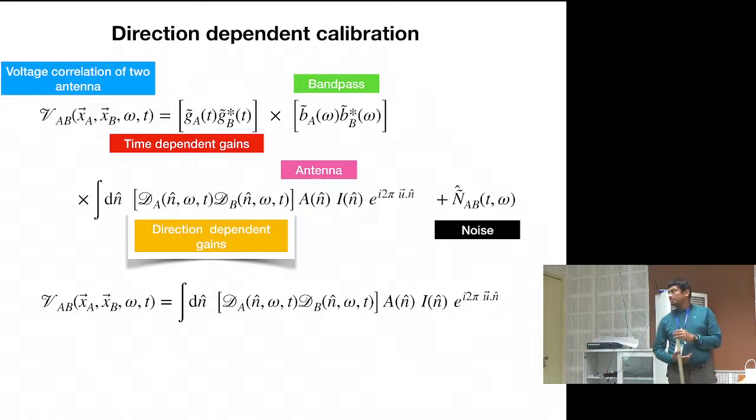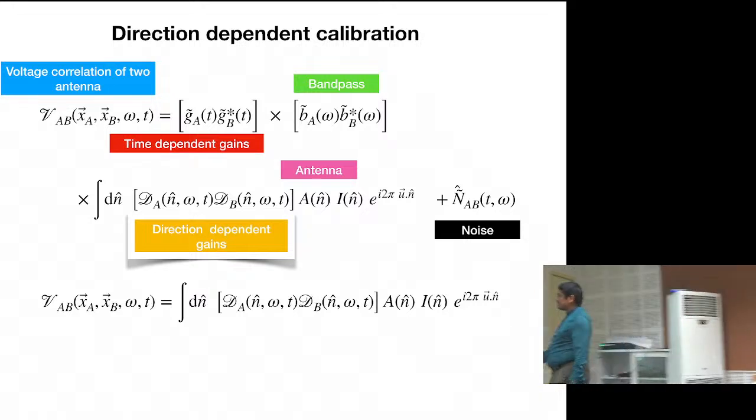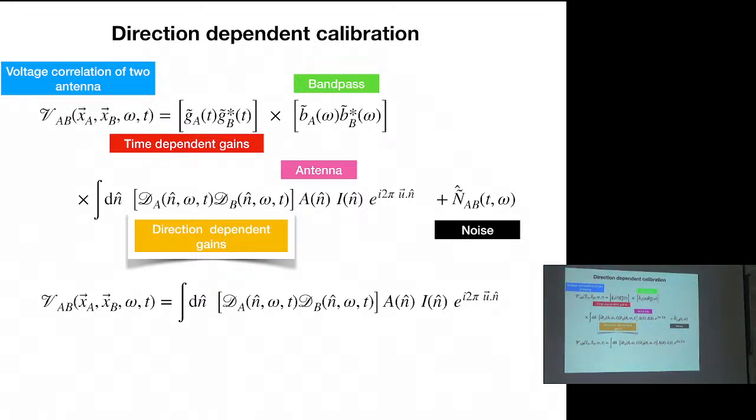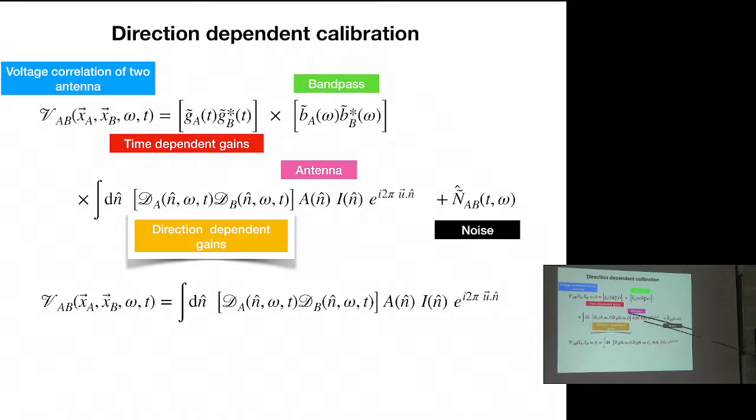But it turns out the effect of these gains is much higher than the effect of polarization leakage, so one should do this first and then look at the leakage. So we say that by doing all the things that we have been talking about, the effect of these two terms is taken care of. We have not talked about Van-Vleck calibration in detail, but say that that is also done.